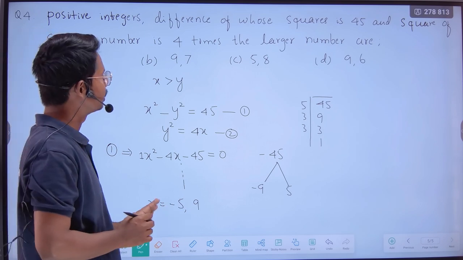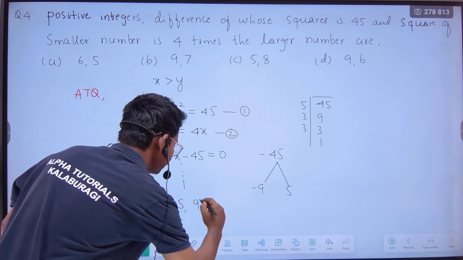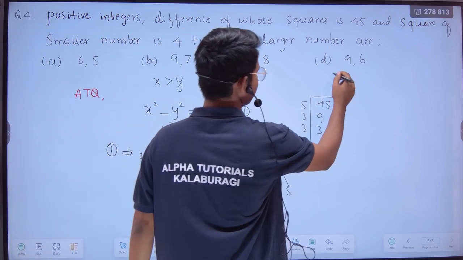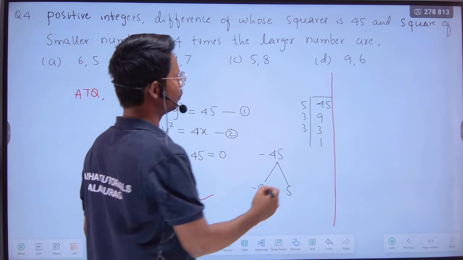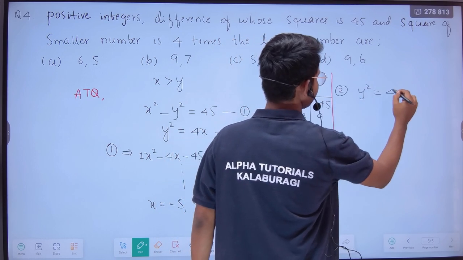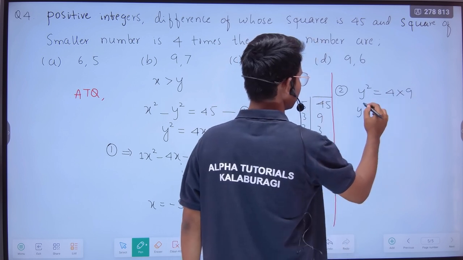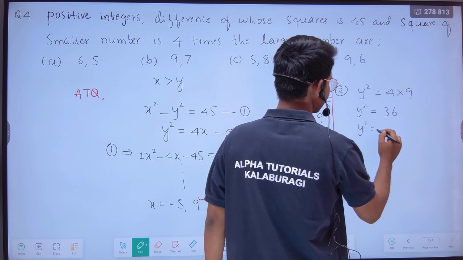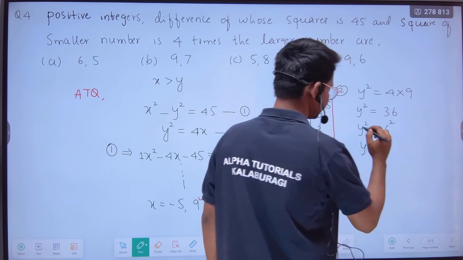Now they told they are positive integers, so I'll take only the positive integer. It means x value is 9. Next I need to find y, so I'll use equation 2. y square equal to 4 into x value. I'll take 9 because it is not a negative number, so it is 36. y square equal to 6 square, so y equal to 6.